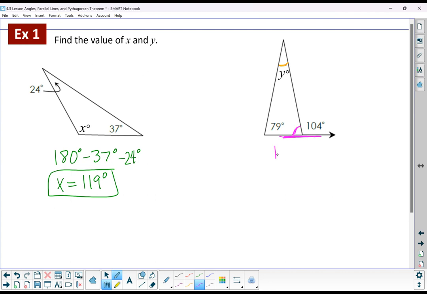So 180 minus 104 is 76. So this angle is 76 degrees. And now we can calculate y. It's 180 minus 79 minus 76, which is 25 degrees.